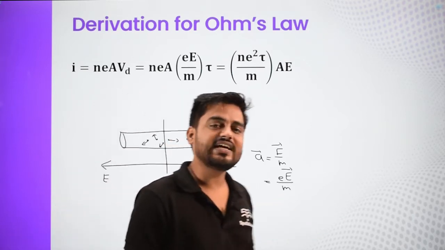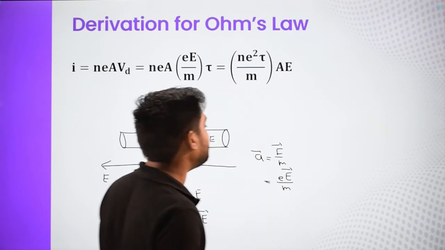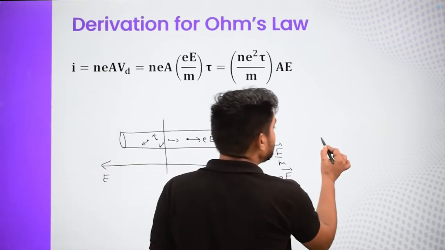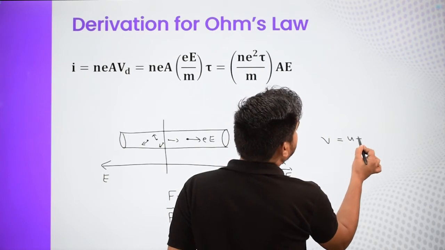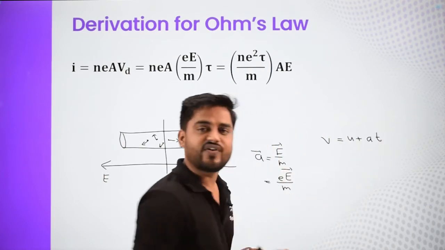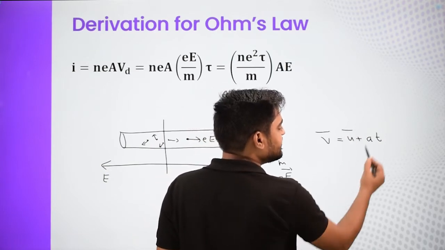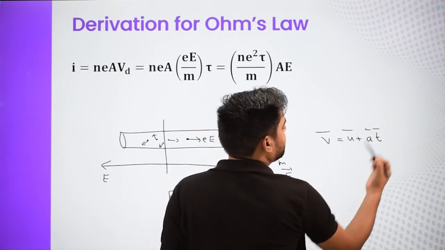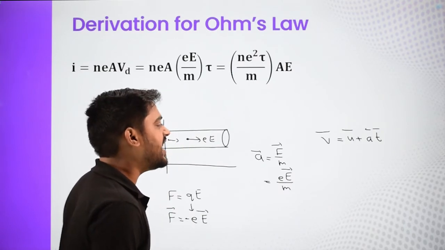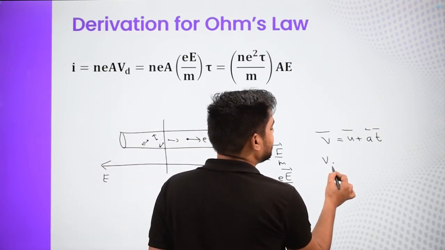So its velocity is assumed to be a constant velocity. I apply the equation v = u + at, and now I find the averages: average of final velocities, average of initial velocities, average acceleration and average time. I assume my final average velocity is nothing but the drift velocity.